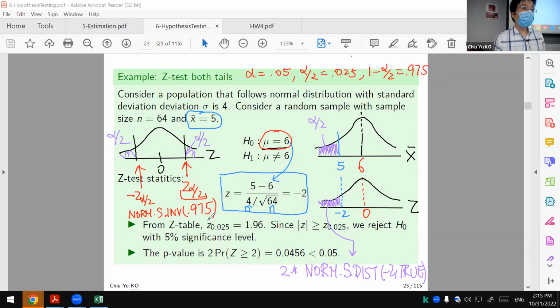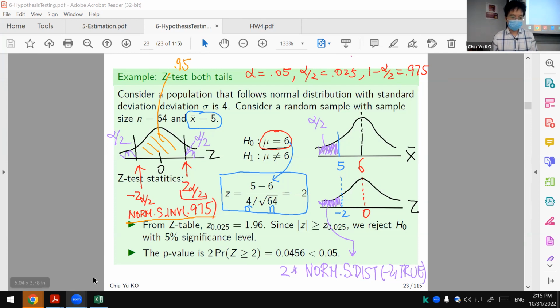Is that okay? The other way around, this middle part is 95%, so both sides left are 2.5% each. So we just input this number, then we are done.